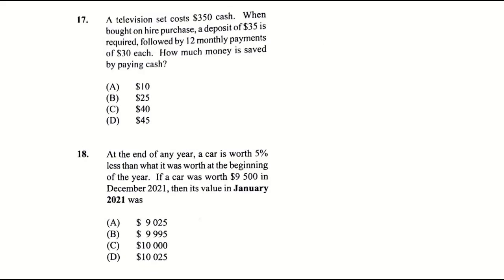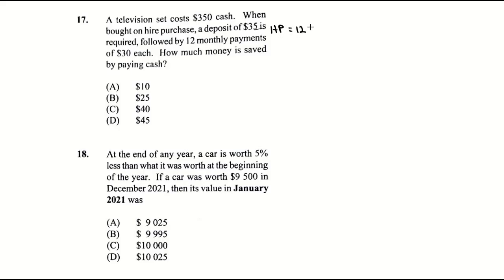Number 17: a television set costs $350 cash. When bought on hire purchase, a deposit of $35 is required, followed by 12 monthly installments of $30 each. How much money is saved by paying cash? So first off, we have to see what his hire purchase price is. His hire purchase price would be the down payment plus the 12 monthly installments.